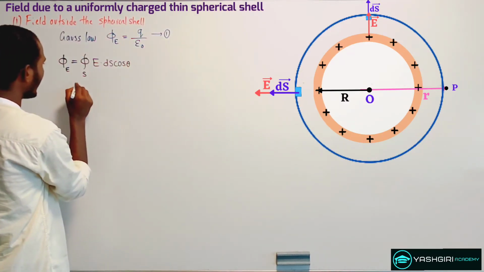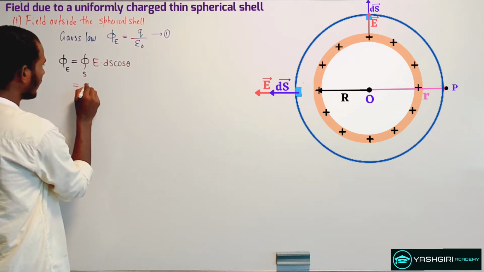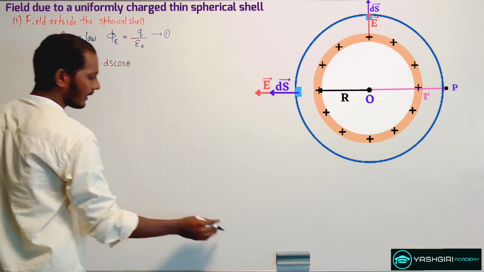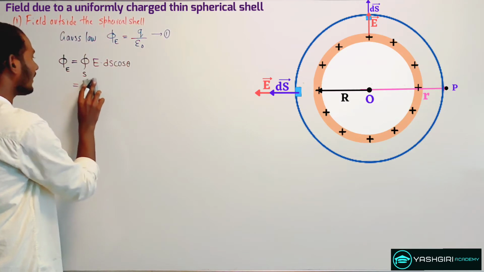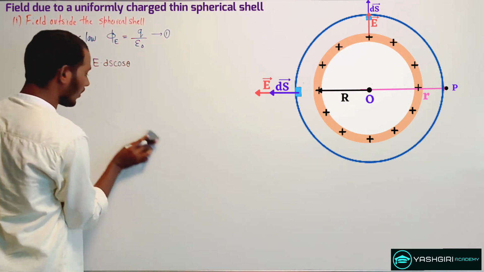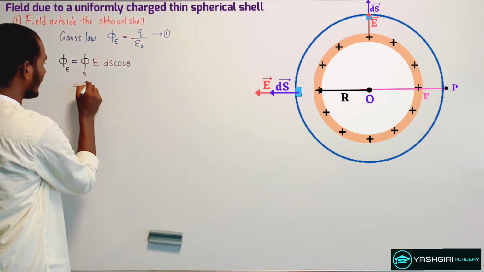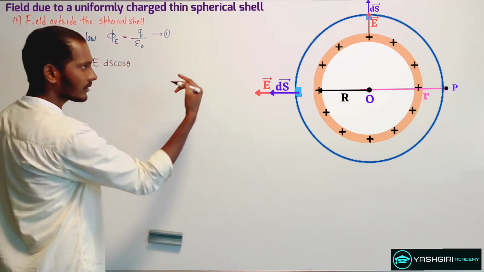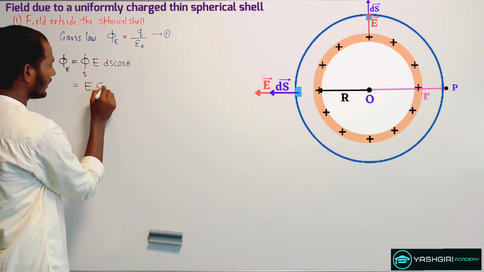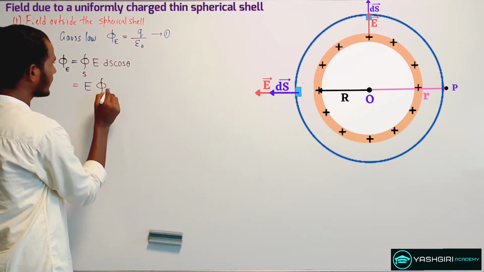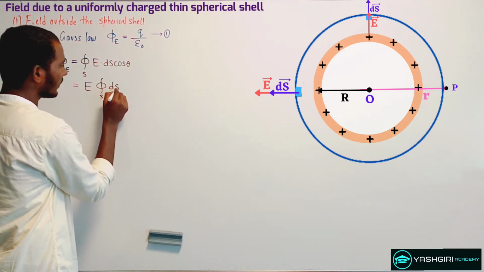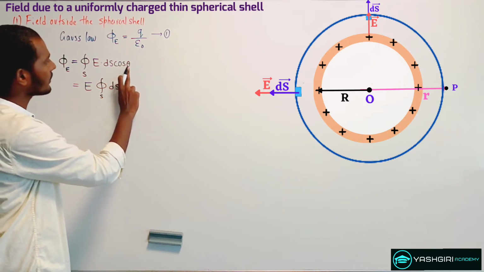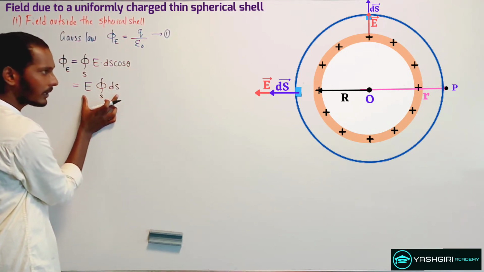So in that case, I can just write this expression as phi, or else let me say the electric field over here is a constant, correct? So electric field E is constant. It's the same everywhere on that Gaussian surface, and this is my surface integral of ds. Here theta is 0, cos of 0 is 1. So this is the expression.